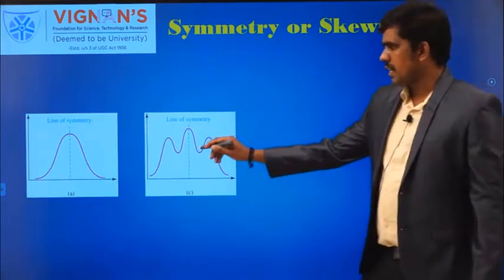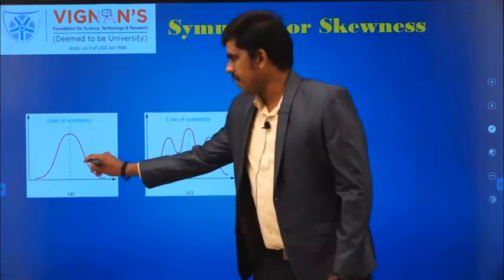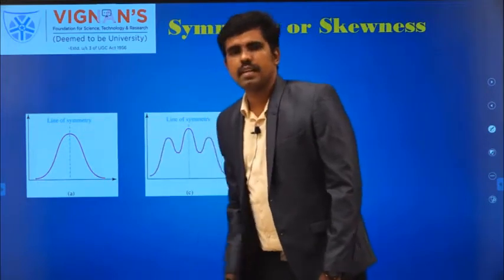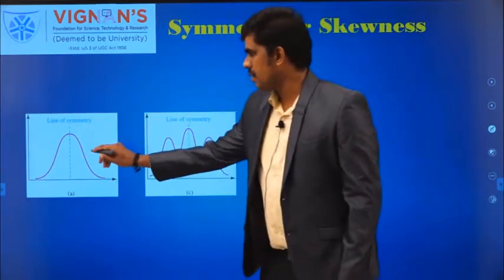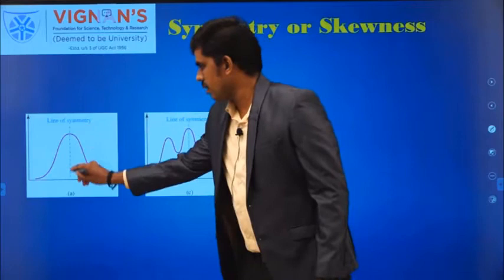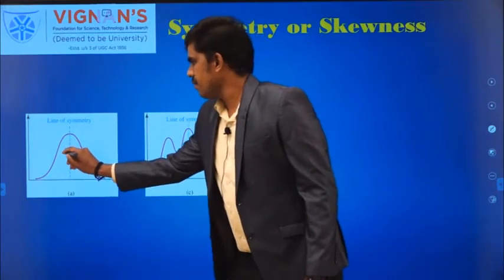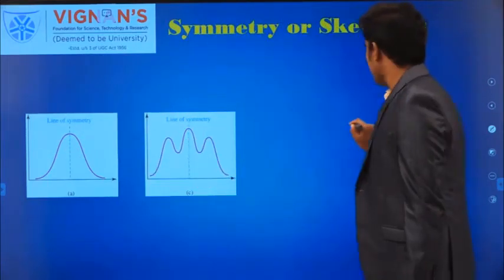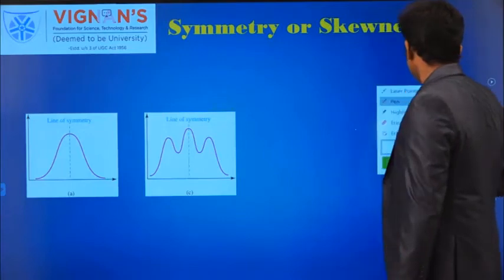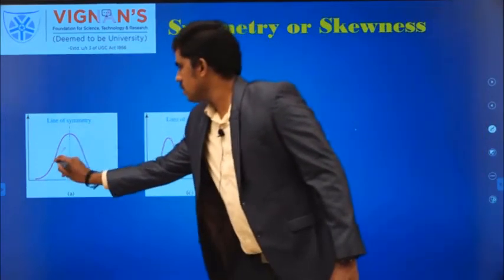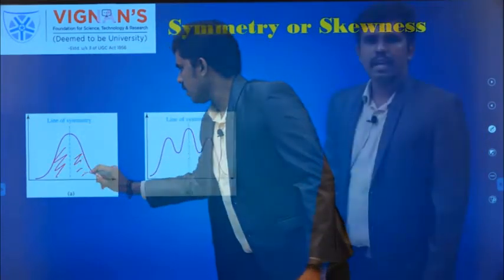So now you can understand, you see the first graph. Why am I telling you this is a symmetric graph? I have a center point line. So left and right side area both are equal. You can understand, you see these areas are equal.